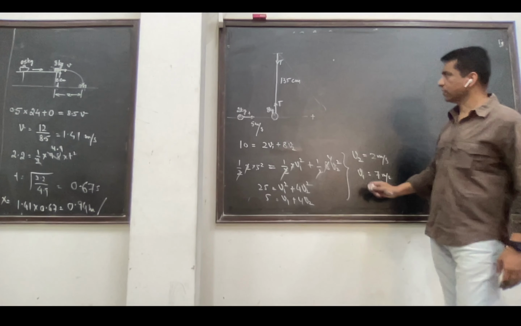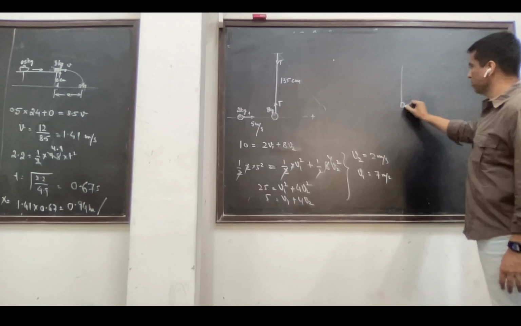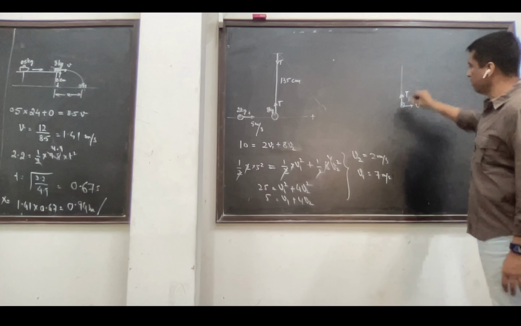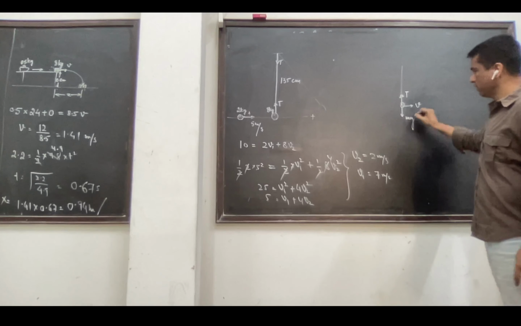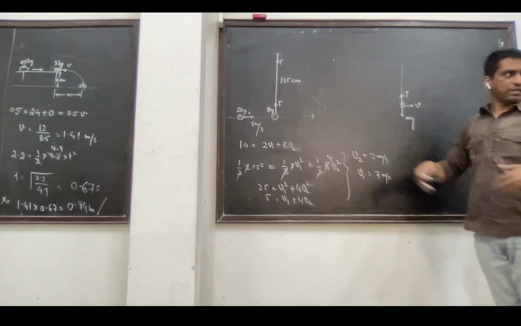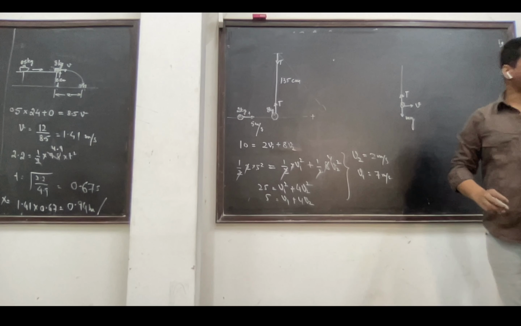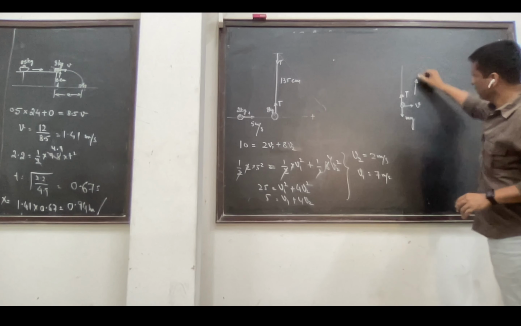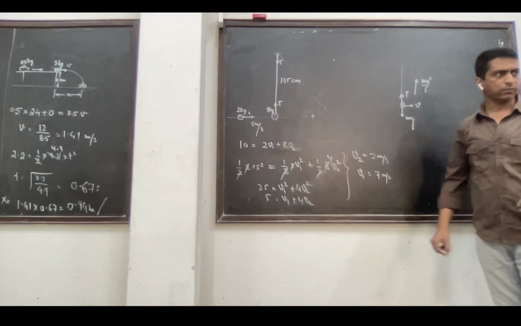Any which way, take this now: the ball is moving with velocity v. Now tension is upward, mg is downward. Earlier these two used to balance, but now there is a centripetal acceleration. That acceleration is working this way. That is mv square upon r. Correct?